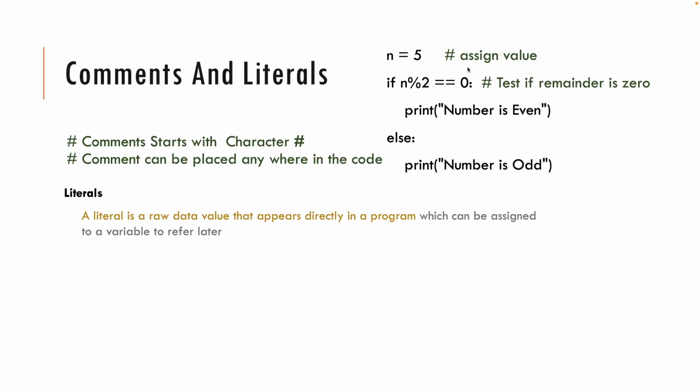Sometimes there are complex statements that are hard to understand, so we may leave comments, such as here I'm saying test if the remainder is 0. The Python interpreter executes this, but it leaves everything that is followed by a hash.